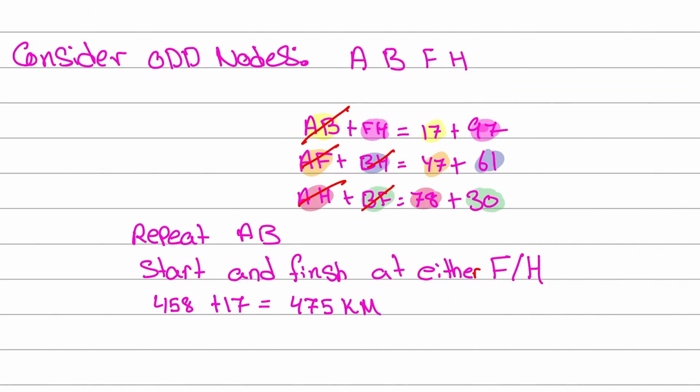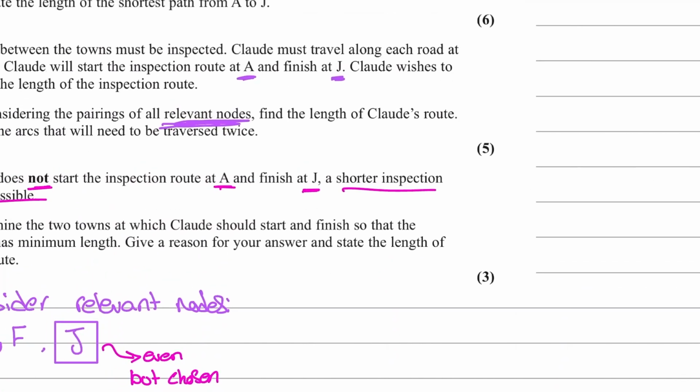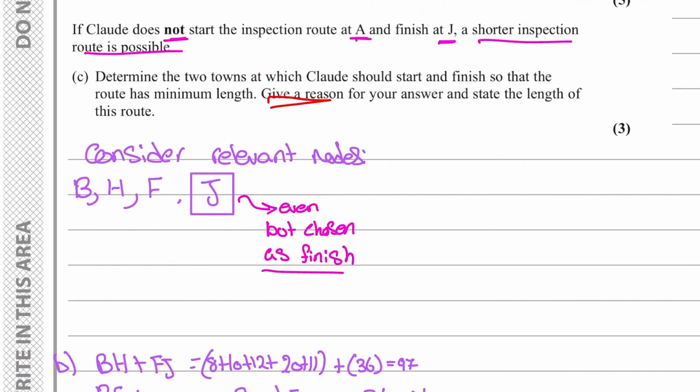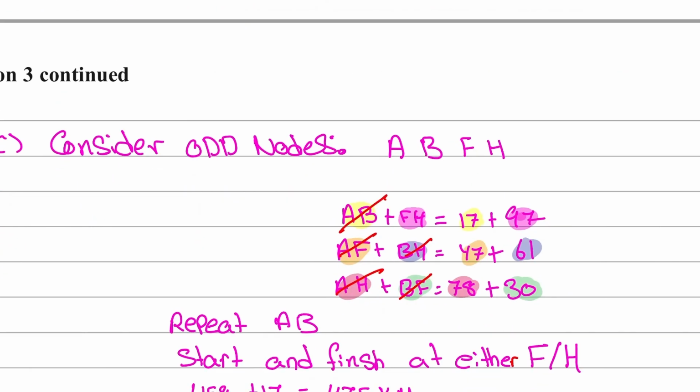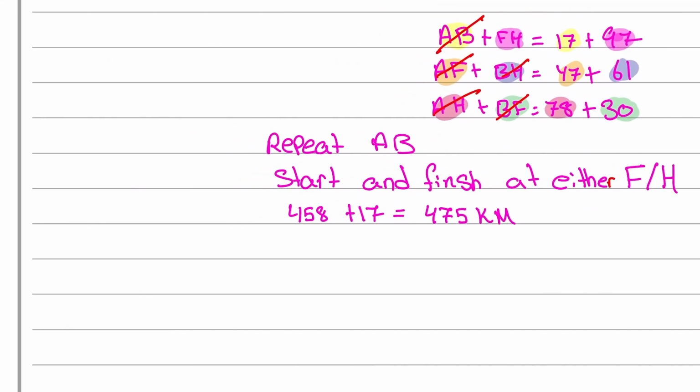Okay, so I've noticed that I've forgotten to do the last part of this question, which says give a reason. I did not give a reason, so let's just quickly write the reason over here. So since we want to repeat AB, the AB here is the shortest arc.